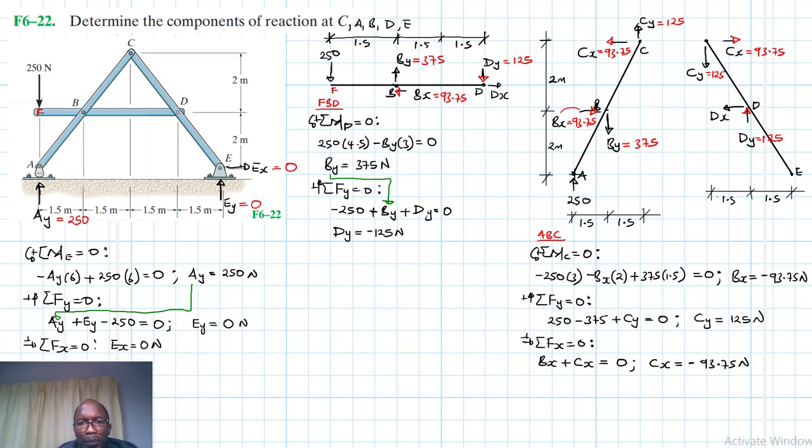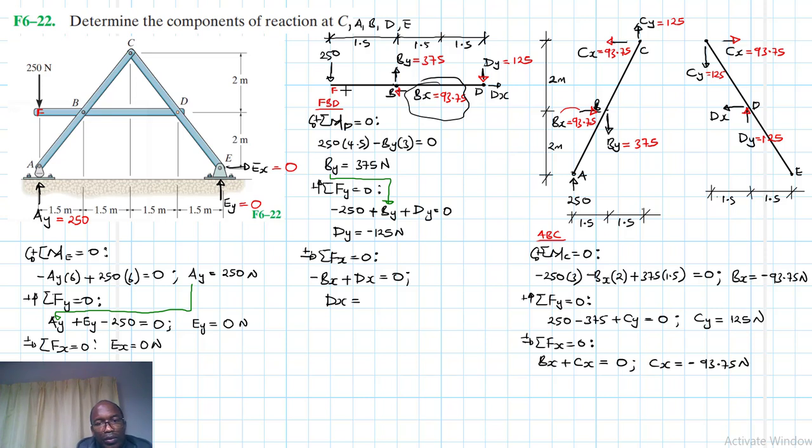And then finally, let's get back to this member here. We find Dx. So say summation of forces in the x direction equal to 0. Going in this direction being our reference, we have a minus Bx plus Dx equal to 0. Therefore our Dx, mind you, our Bx is equal to 93.75, this one here.